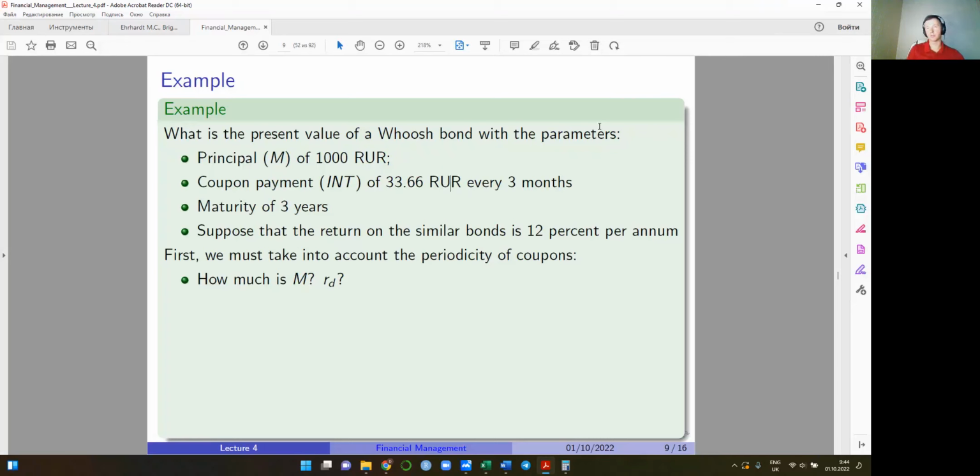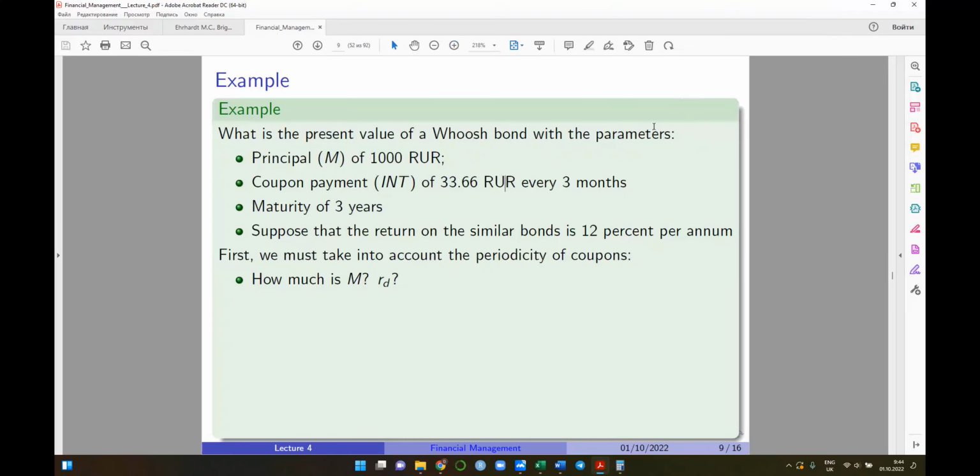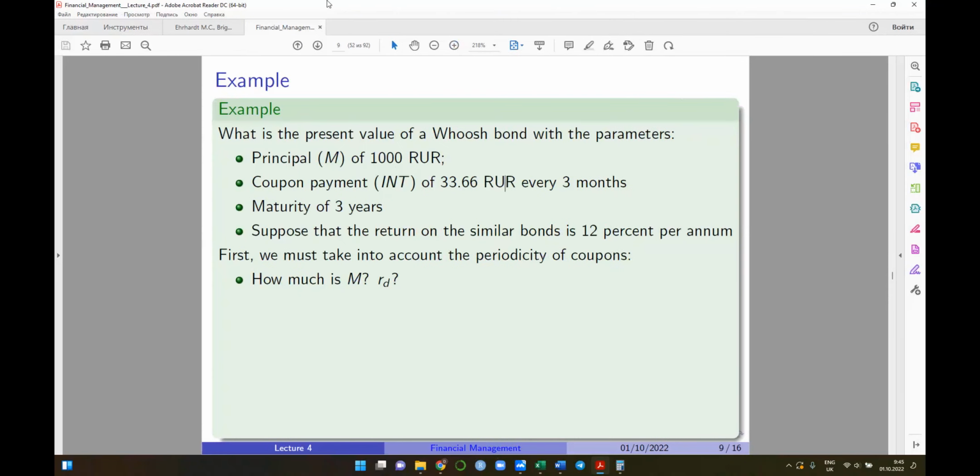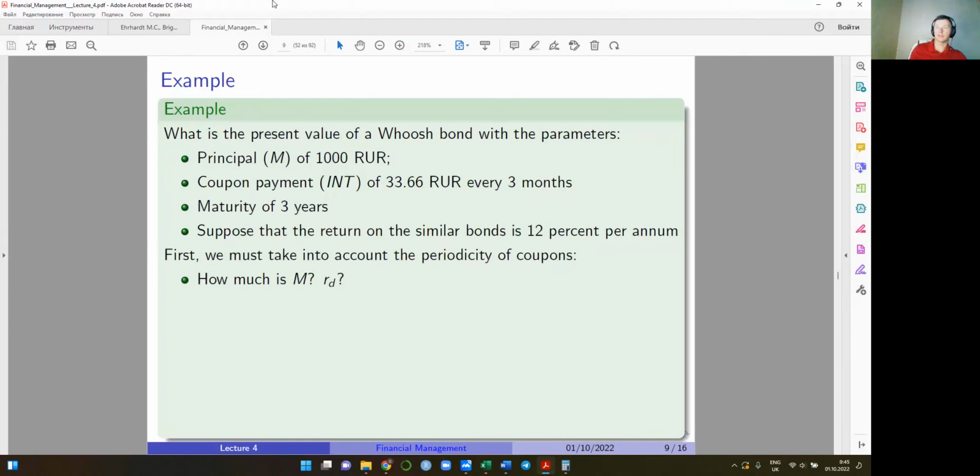Guys, this is very simple, even simpler than annuity. How many quarters in 3 years? Come on. Say it aloud.